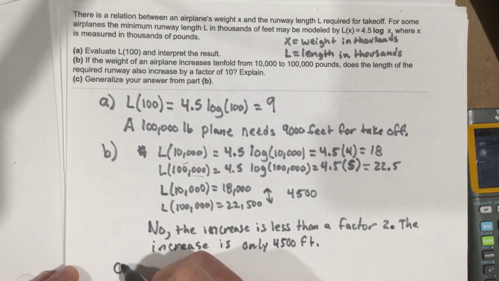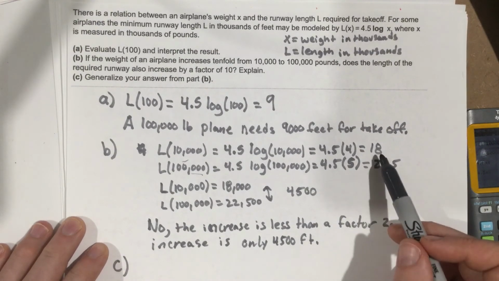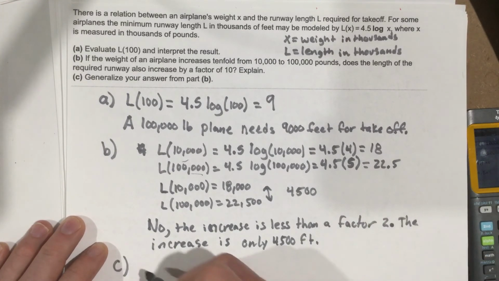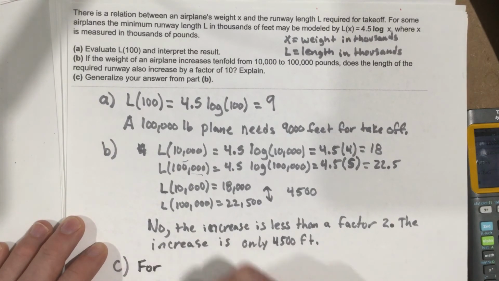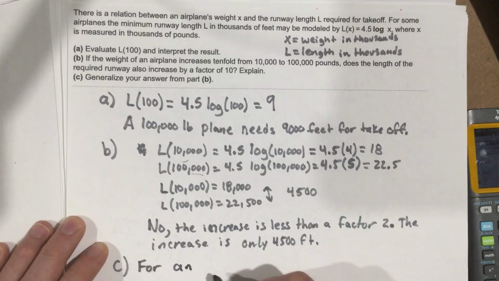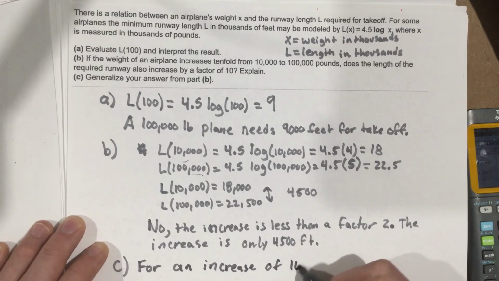Now part C, generalize your answer from part B. If we're generalizing that, for every increase of a factor of 10 in weight, we're technically only increasing the runway by a factor of less than 2. So maybe we better use the 4,500 amount.